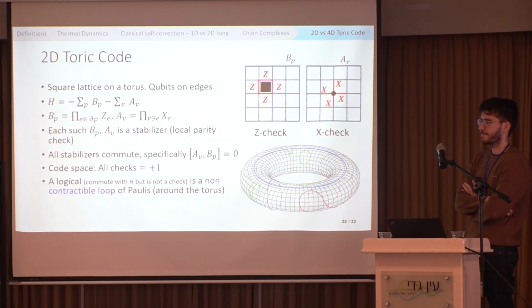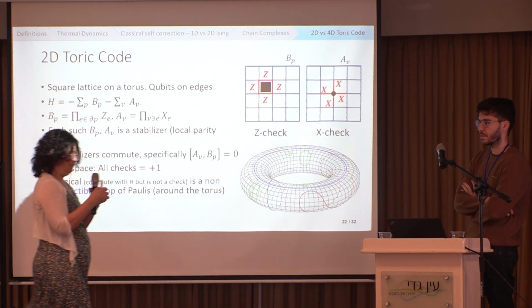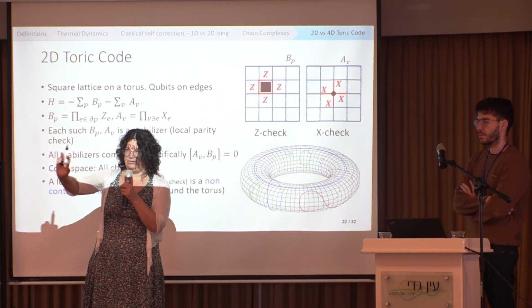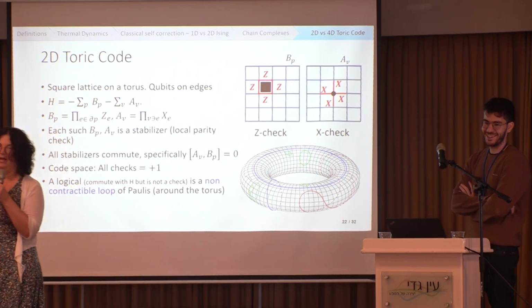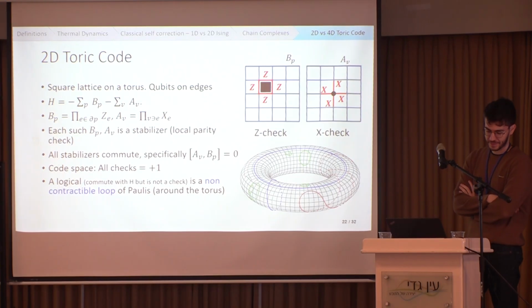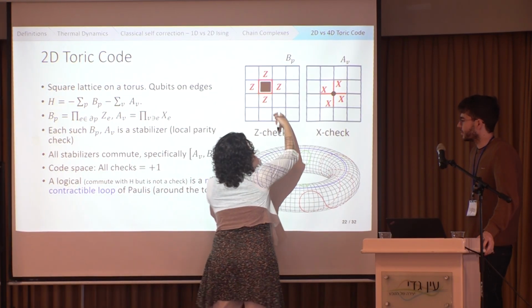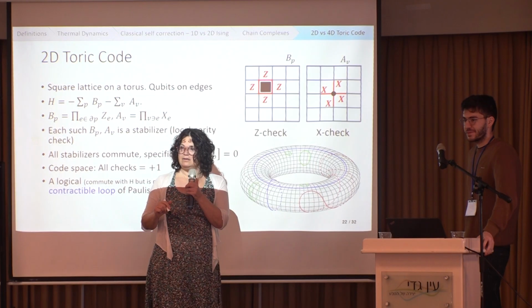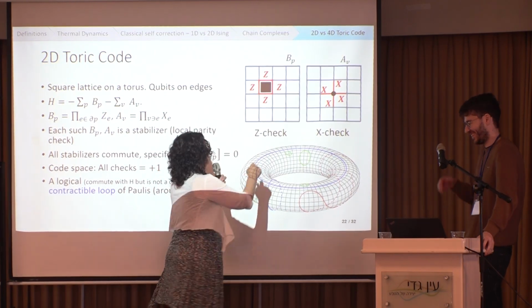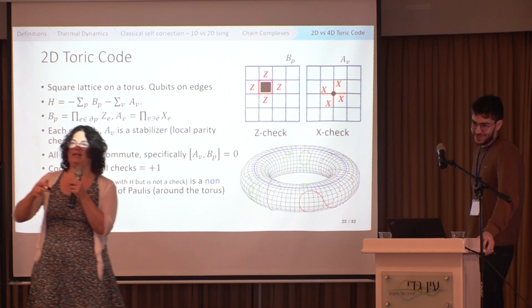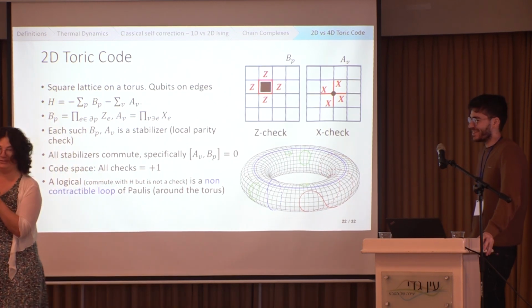Amnon, it's confusing. Don't go there. Let me explain, and then afterwards you say, okay? If you have a loop around the torus, I'm claiming that it could, but I want to write.